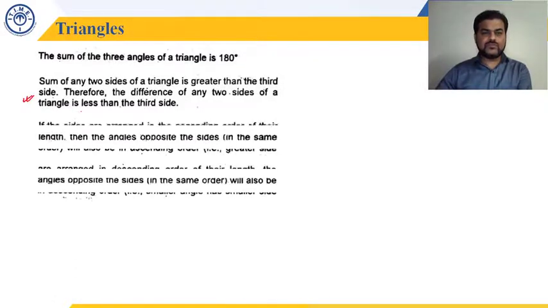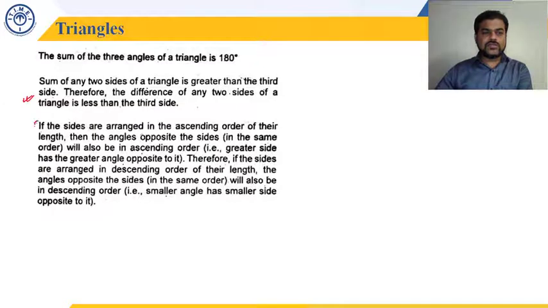Okay. What else? This entire story only tells you that whichever is the longest side, the angle opposite to that longest side will be the biggest angle, and also vice versa. So we can say the side opposite to the biggest angle is the longest, and vice versa.